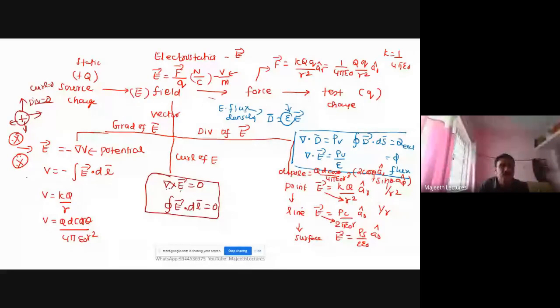Potential is scalar, electric field is vector. Fine. So that is very, very important. So it is potential due to point charge. It is potential due to dipole. Electric field due to dipole I have given here. You can see it in the book also. So that is one more thing we have to remember.